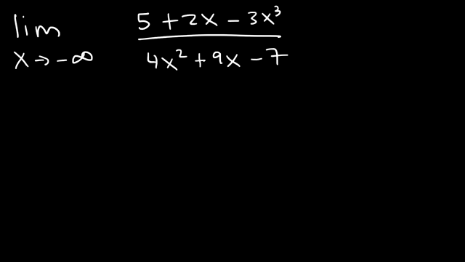Now, what I like to do personally, my way of quickly getting the answer, is to eliminate every term that's insignificant. In the numerator, the most significant term is the 3x cubed. So we can ignore the 5 and the 2x. In the denominator, keep the most significant term, which is 4x squared. So we can get rid of the 9x and the 7.